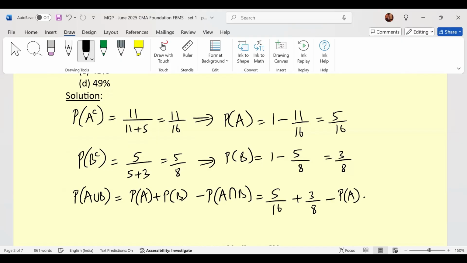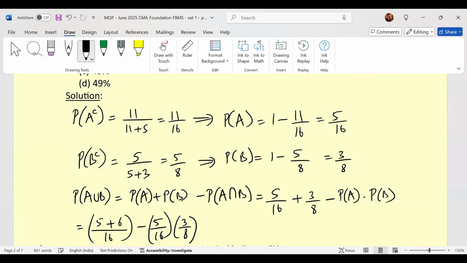We will write it as probability of A into probability of B. So this will give you, in this first two, the LCM is 16. So this will be 5, this will be 3 into 2, 6, minus 5 by 16 multiplied by 3 by 8.